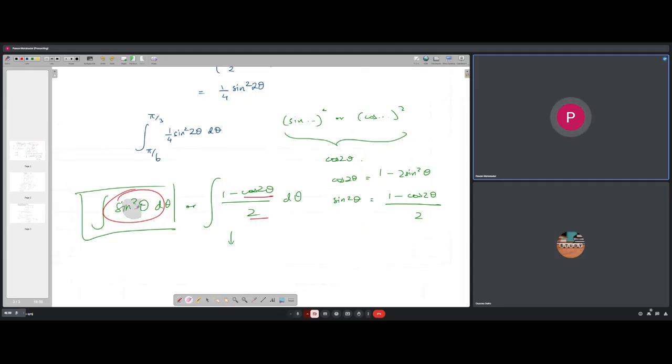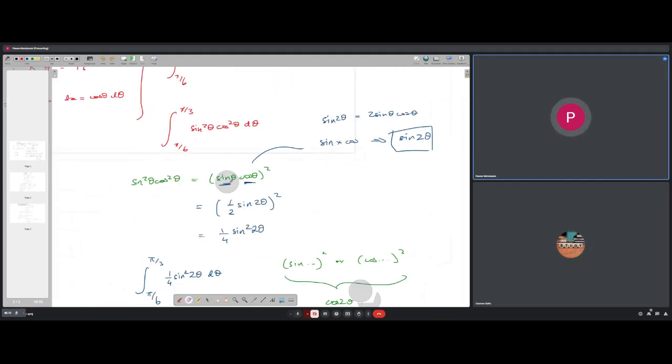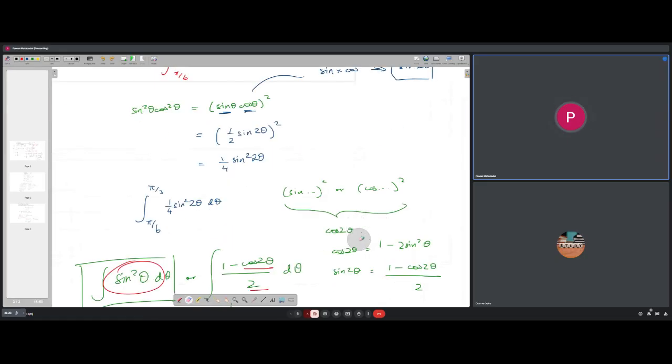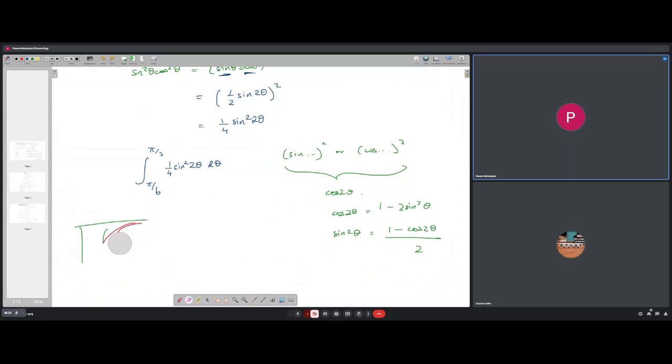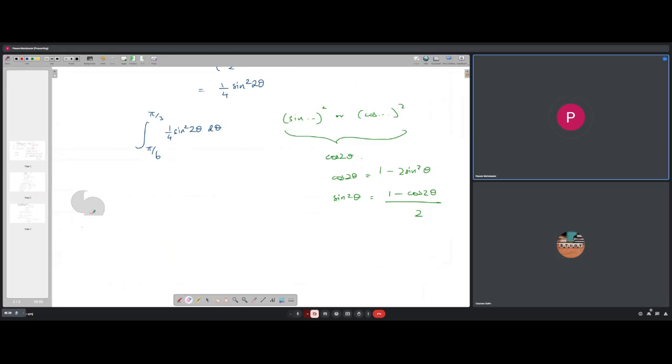So whenever you've got a sine squared or a cosine squared and you can't integrate it, you use cosine 2 theta, the double angle formula for cosine. But if you've got a product of a sine and a cosine, then you use sine 2 theta. Does that make sense? It's like a hint. Okay.